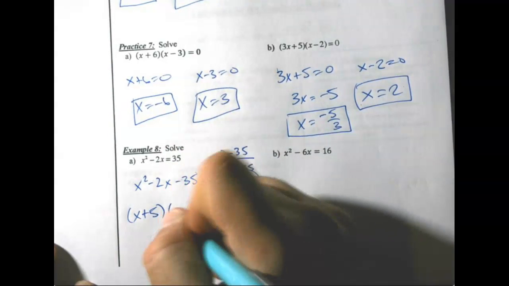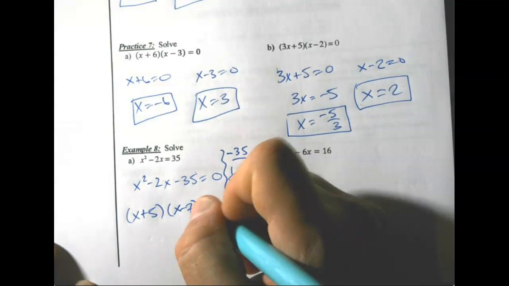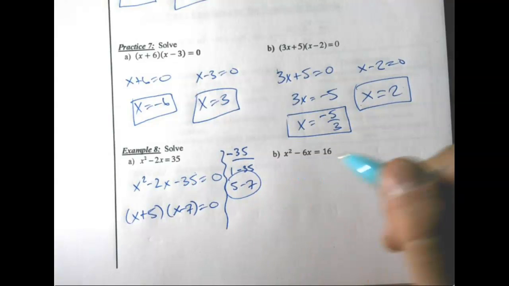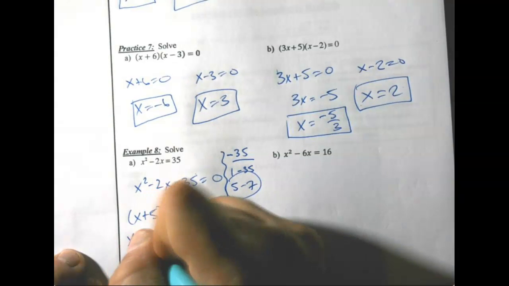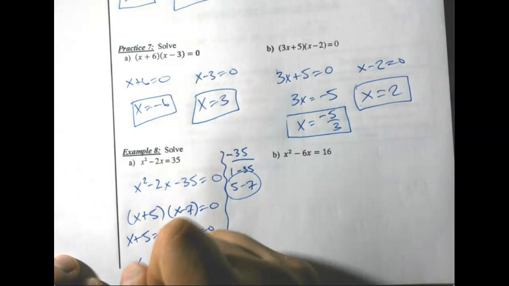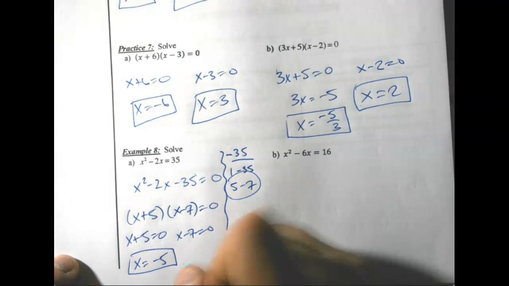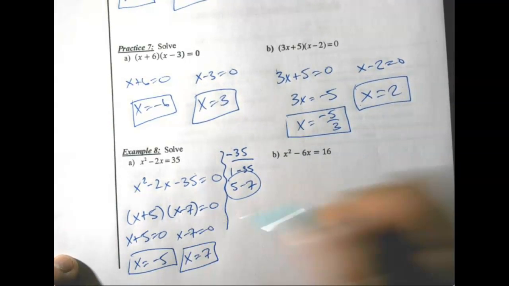So my factored form is x plus 5 and x minus 7, still equals 0. Set each factor equal to 0 and solve. So subtract 5 to get x equals negative 5, and then add 7 to get x equals 7.